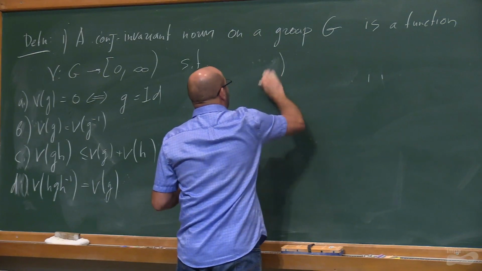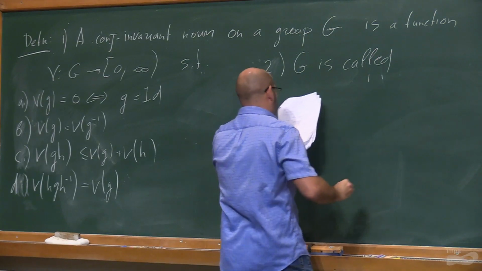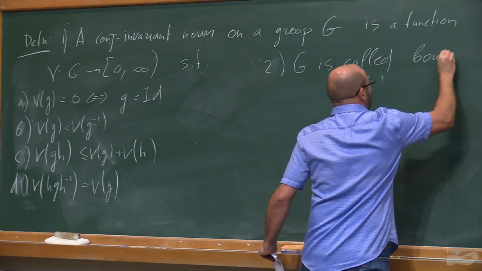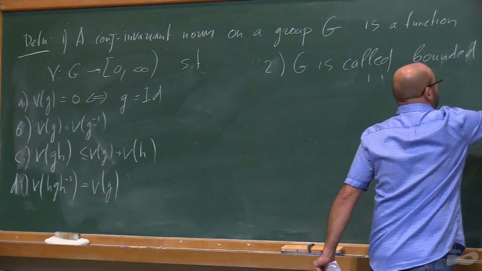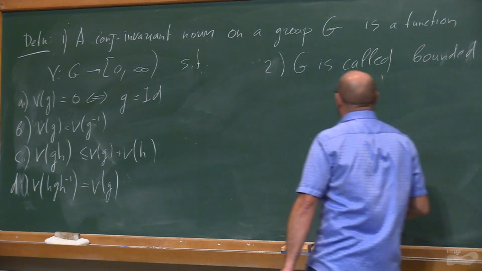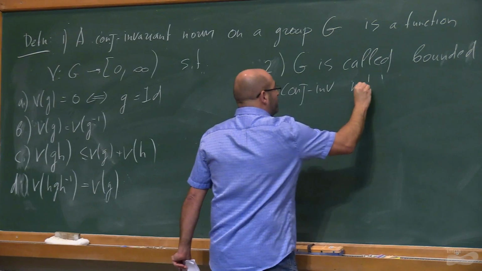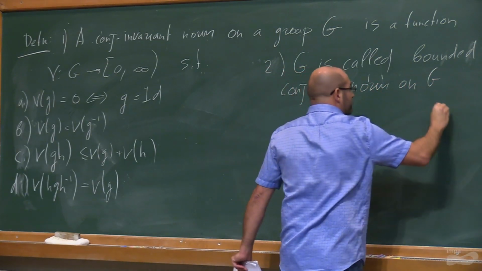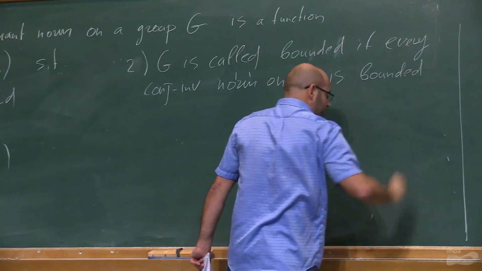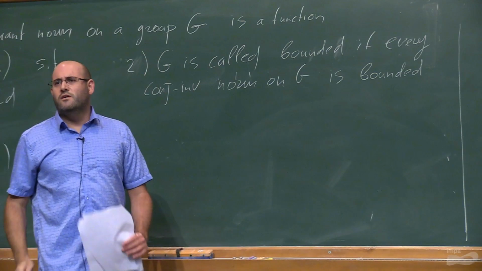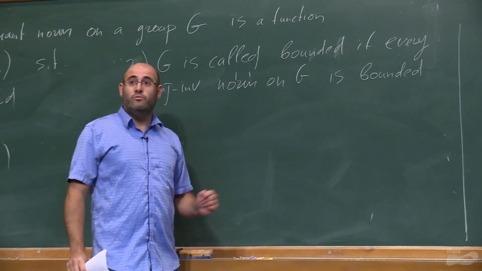2, G is called bounded if every conjugation invariant norm on G is bounded. If you're completely bored, you can try to prove that SL_n(Z), when n is greater than 2, is a bounded group.